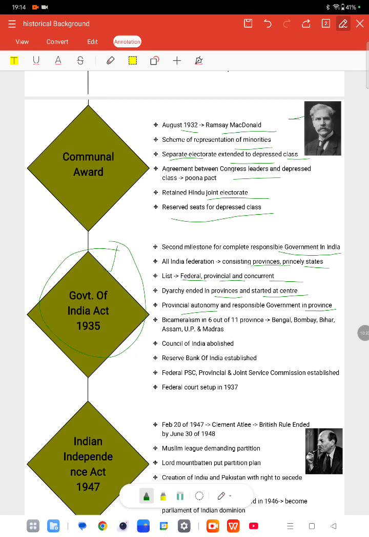Responsible government was created in the provinces, with bicameral legislatures in 6 out of 11 provinces: Bengal, Bombay, Bihar, Assam, UP and Madras. The Council of India was abolished and the Reserve Bank of India was established during this time. Federal and provincial public service commissions and a joint service commission were established. A Federal Court was also set up in 1937.